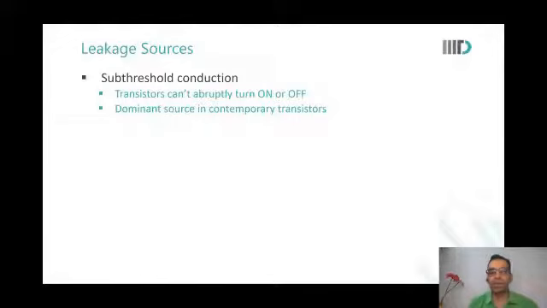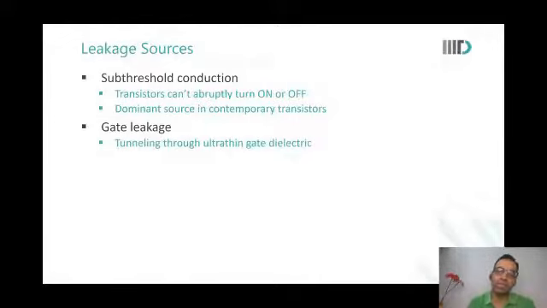Okay. Then another set of leakage is gate leakage, which is tunneling through ultra thin gate dielectrics. So even though we are now using high K metal gate dielectrics, which are physically not as thin as silicon dioxide based gates would be, even then the physical thickness of the gate is of the order of 2 nanometers or 3 nanometers, not more than that.